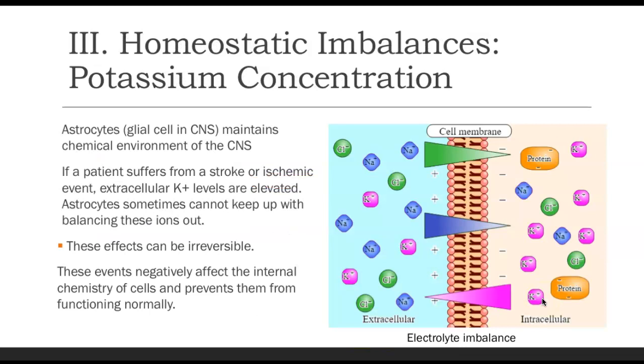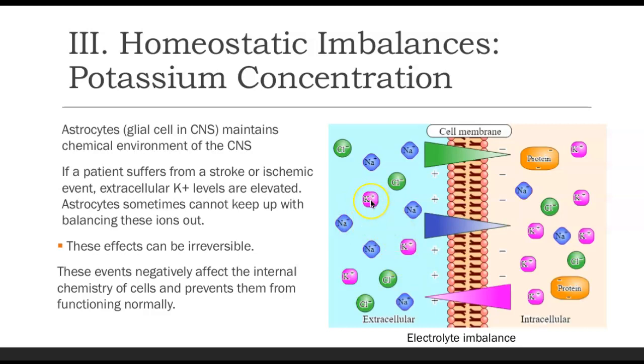And now just to talk a little bit about some homeostatic imbalances, specifically regarding potassium concentration. Our astrocytes, which if you remember is a glial cell within our central nervous system, is going to maintain a chemical environment in the central nervous system. If our patient is suffering from a stroke or some type of ischemic event, then our extracellular potassium levels are going to become elevated.